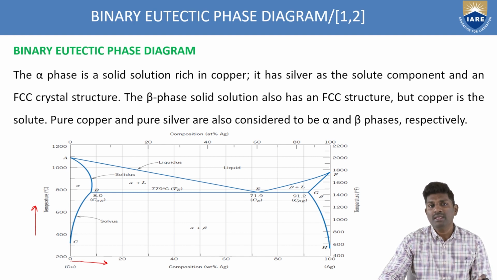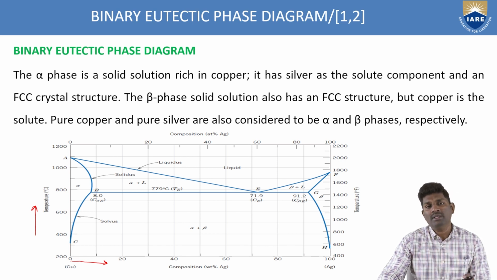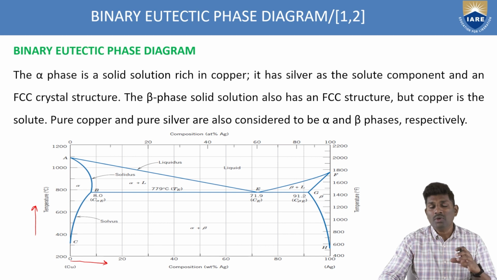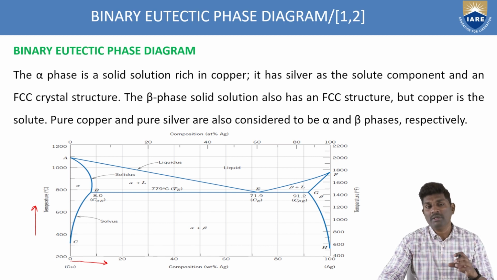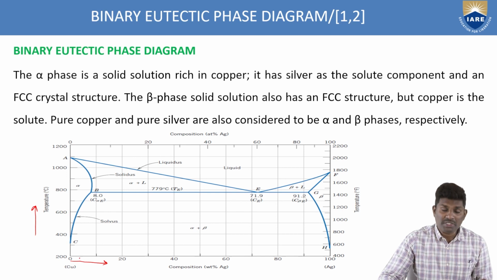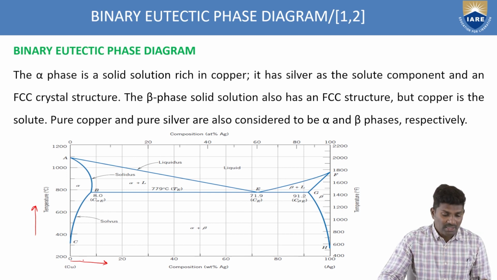In the same way, here we are taking silver and copper. At any point in between, the total weight percentage of copper and silver should be 100. Now here it starts with 0. So what is the other component? Here you have the rich copper, that means 100% weight of copper.